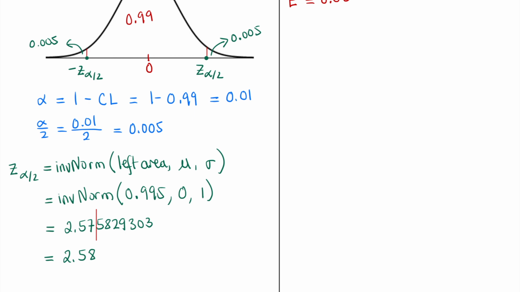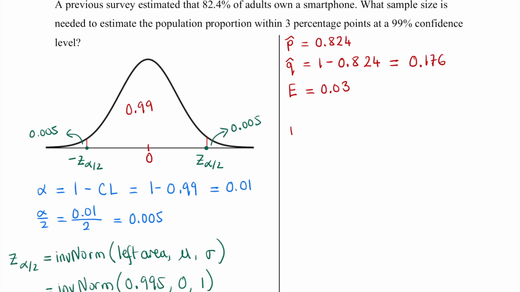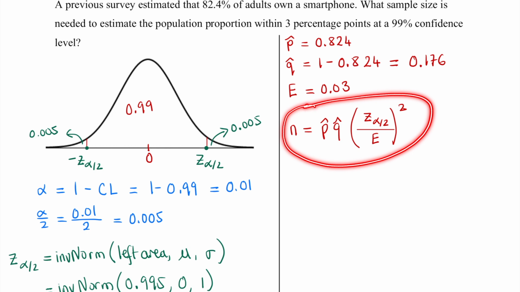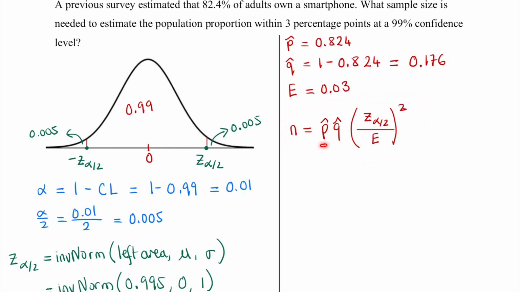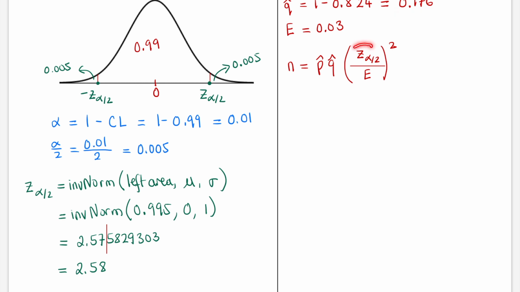Now we're ready to substitute everything into the formula. This is the formula that we're using. We'll replace P hat with 0.824, replace Q hat with 0.176, replace Z sub alpha over 2 with 2.58, and replace E with 0.03.